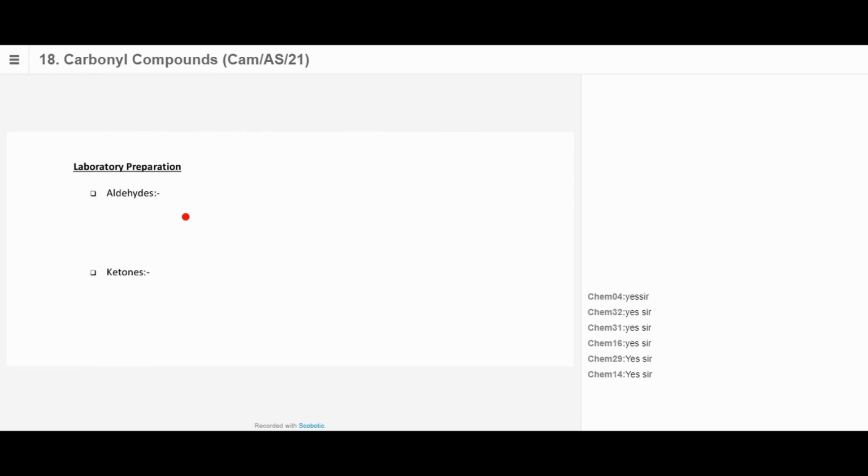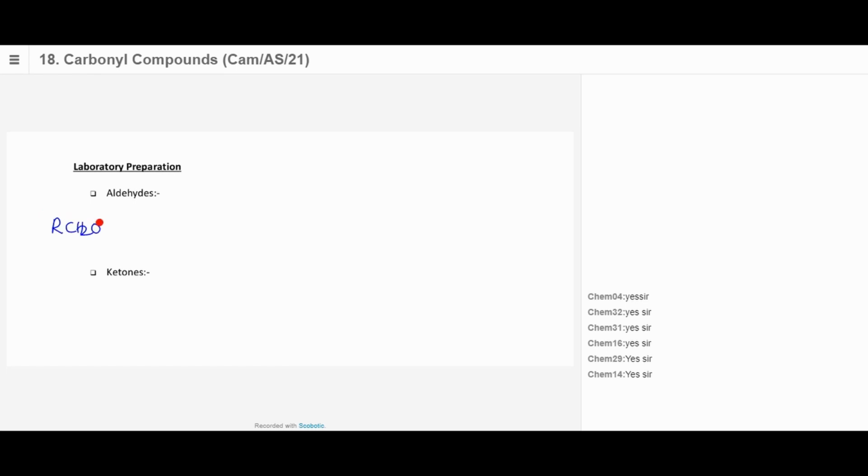As for the preparation of aldehydes and ketones, there are many ways to make them, but we have discussed one method in AS, that is the partial oxidation of primary alcohols, right? A primary alcohol is an alcohol where the carbon bearing the OH is attached to only one other carbon atom.